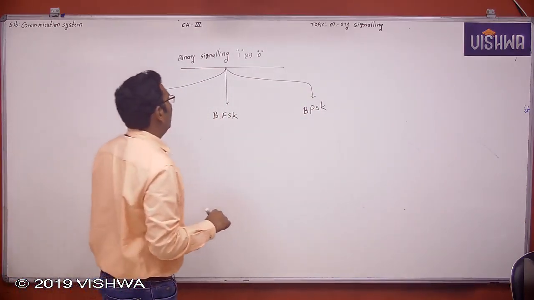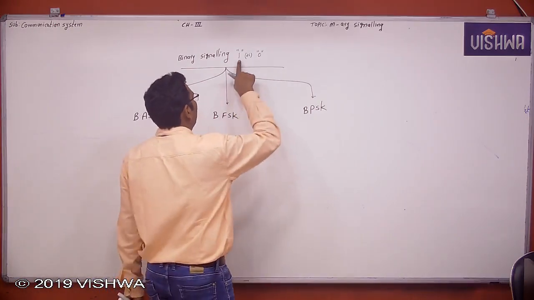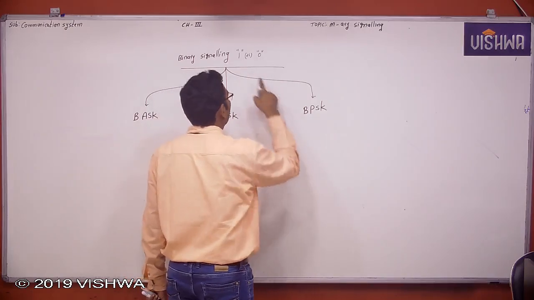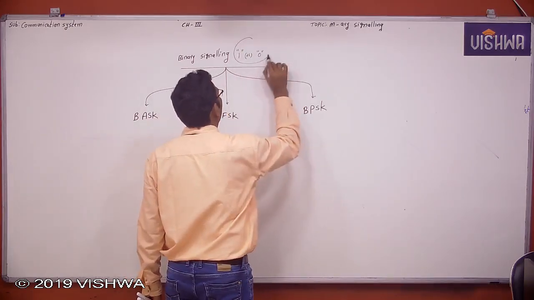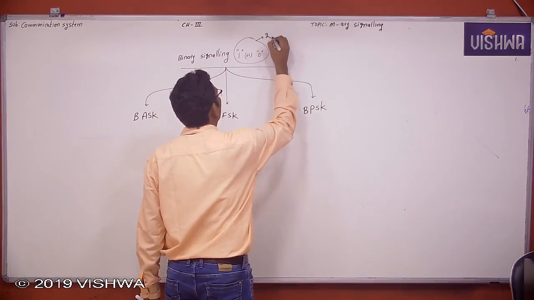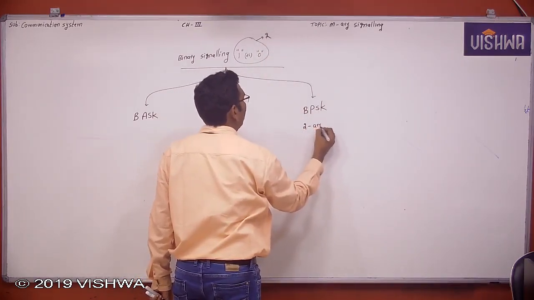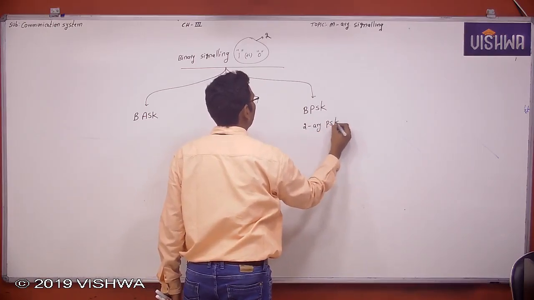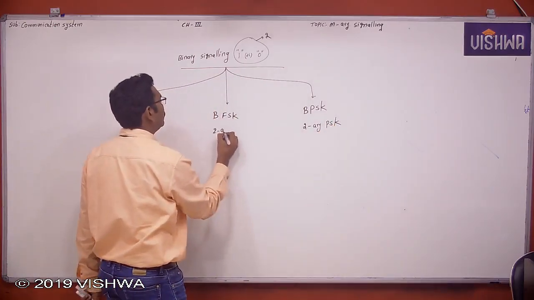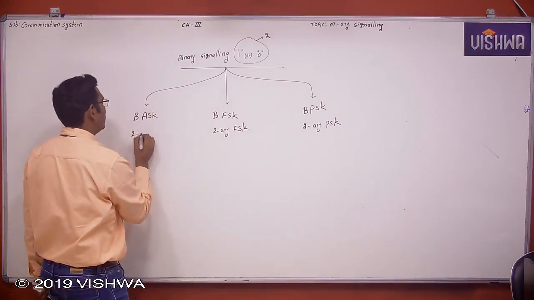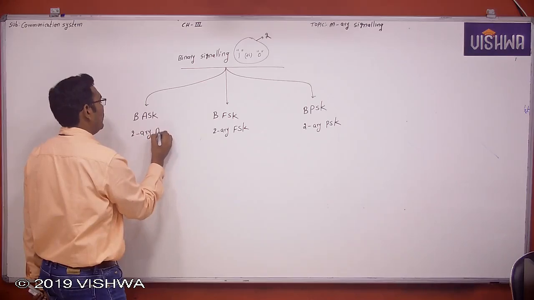Now, what is binary PSK? Transmission of binary 1 and binary 0. So, this is only 2, 1 and 2. Therefore, this is called 2-array PSK, or we may call it 2-array FSK, or 2-array ASK.